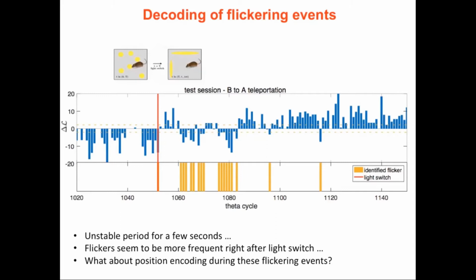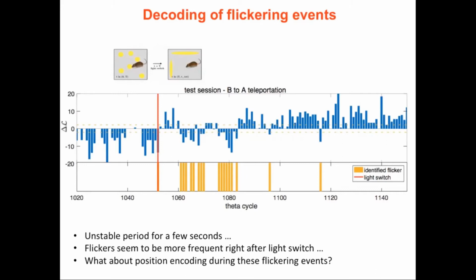So these events were called flickers by Jezek and collaborators, and this flickering event seems to be more frequent right after the light switch and to disappear after a few seconds. So one first question we asked was whether the encoding of the position of the animal was actually precise or accurate during these flickering events.